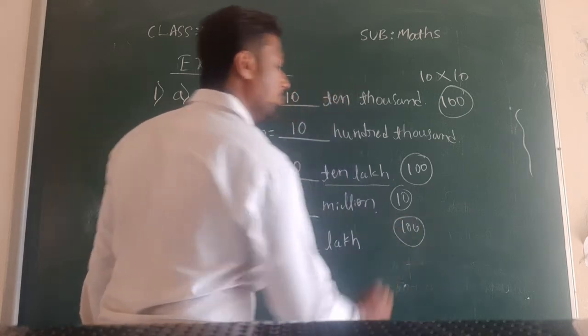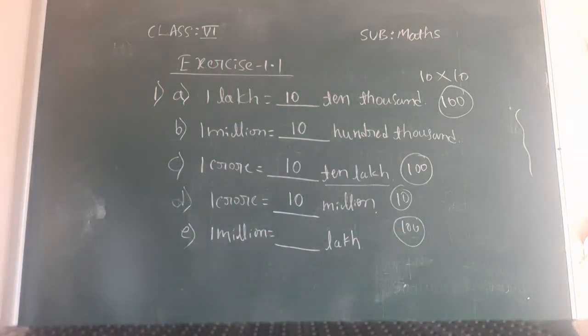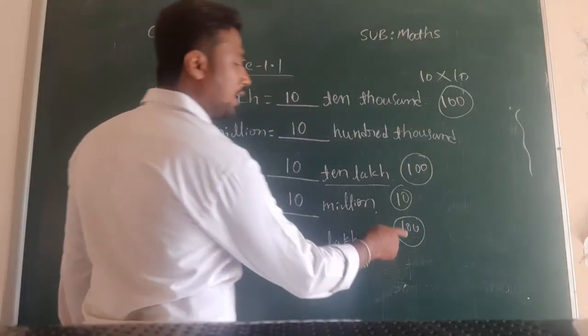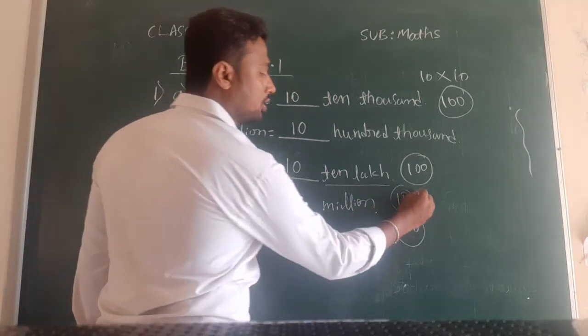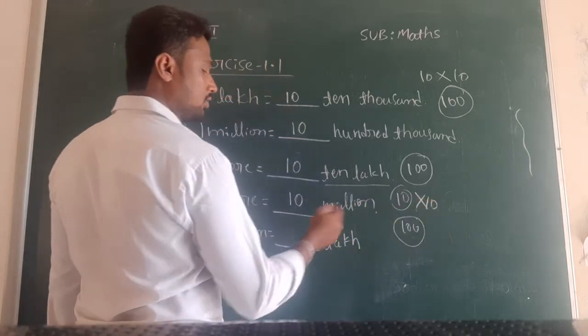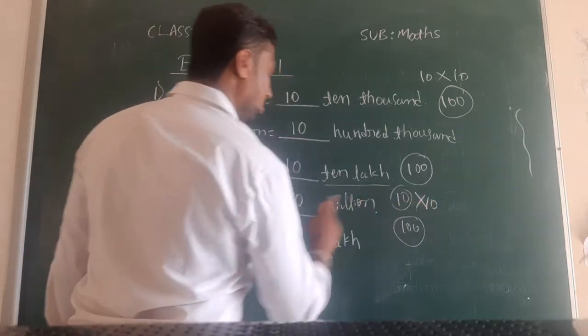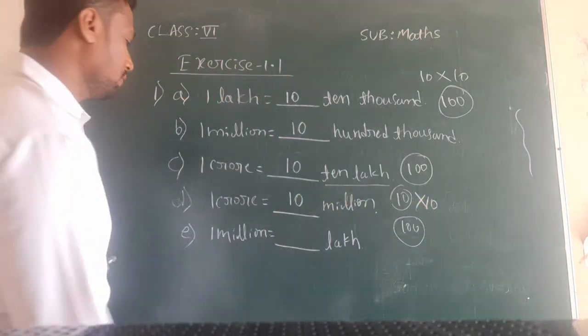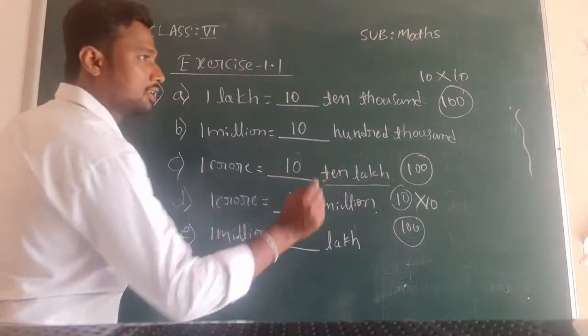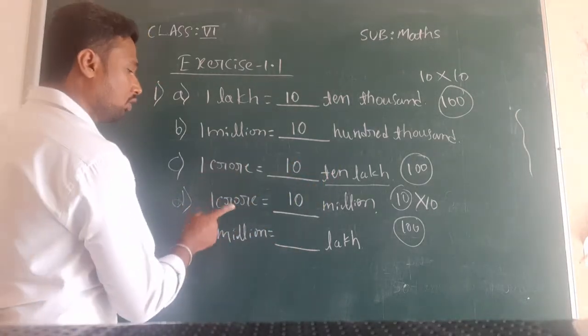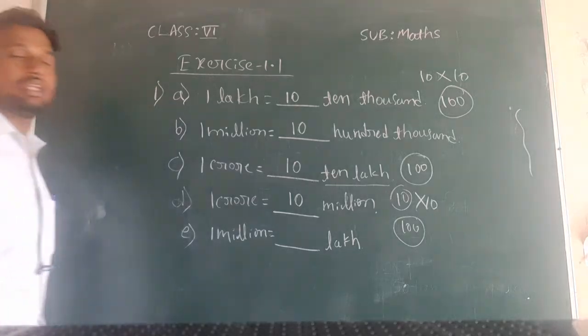To get these 100 lakhs, we need ten 10 lakhs, which means 10 millions. If you can't understand, just remember this: 1 crore means 10 million.